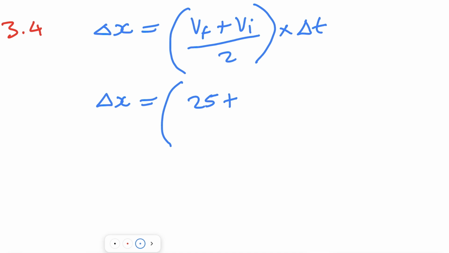So the taxi was still moving at 25 meters per second. Divided by 2, then multiplied by the change in time. The change in time would be 1 second because his reaction time was 1 second. So multiplied by 1.